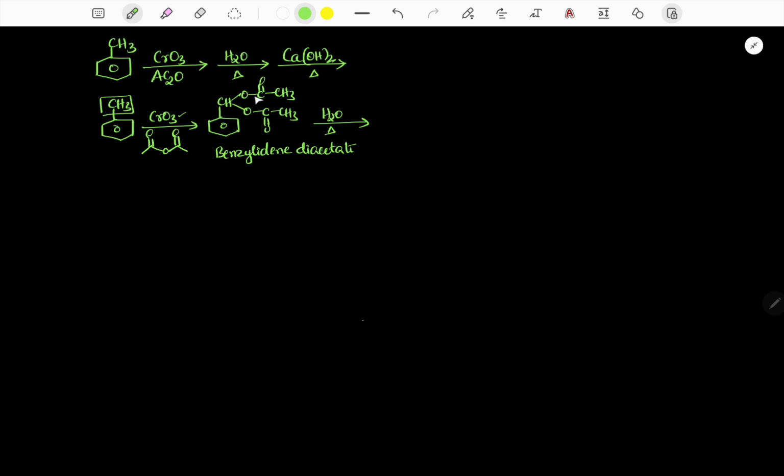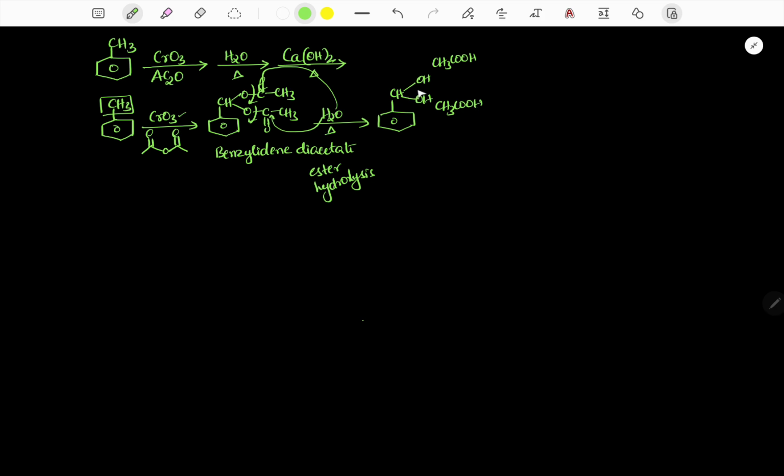It is a carboxylic ester, therefore we are adding the nucleophile water. The nucleophile attacks and the leaving group leaves. So this is ester hydrolysis. Therefore finally we get the corresponding product, benzene CH(OH)2 and CH3COOH.